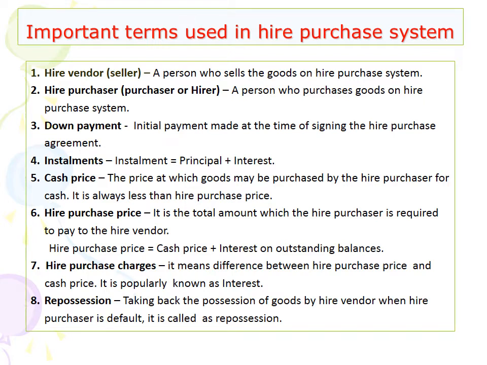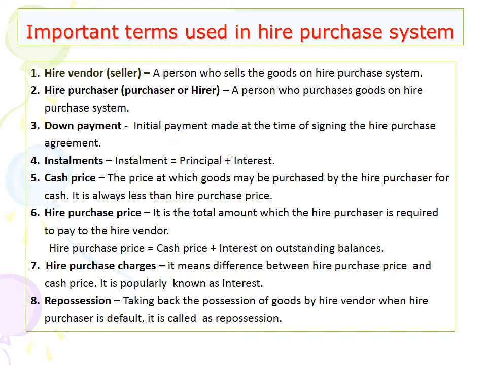The first one is hire vendor or seller, a person who sells the goods on hire purchase system is called hire vendor. Next, hire purchaser or purchaser simply or hirer, a person who purchases goods on hire purchase system is called hire purchaser.